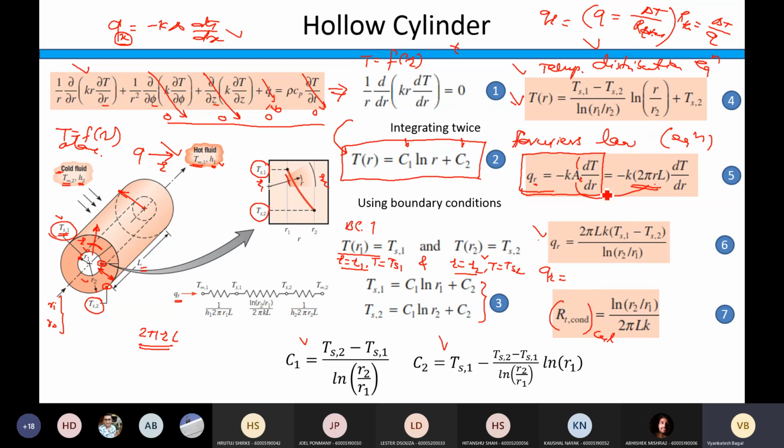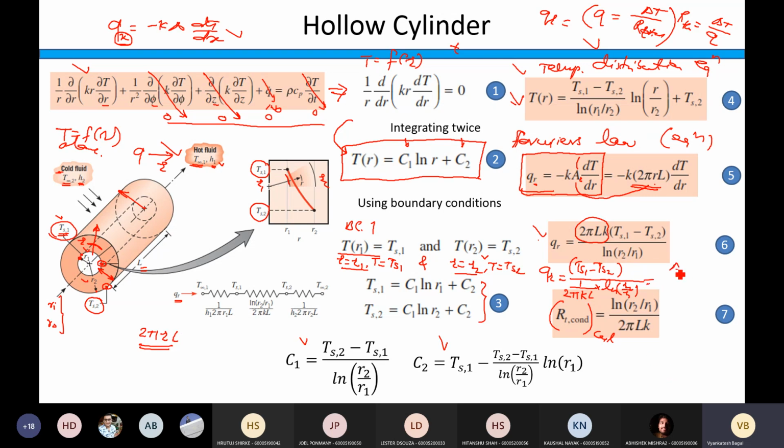So Qr must be equal to, in the numerator I should write only the temperature difference, which is Ts1 minus Ts2. Rest all should be written in the denominator. So in the denominator I write 1 upon 2 pi K L, multiplied by ln r2 by r1, correct?